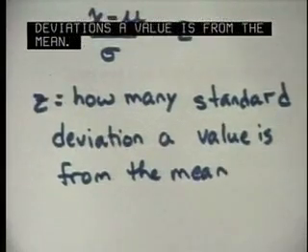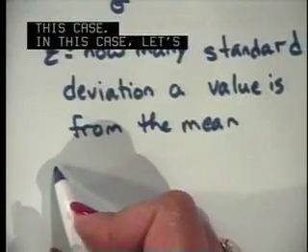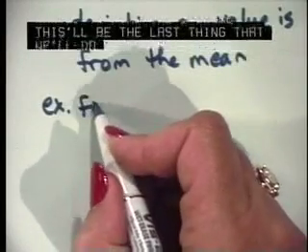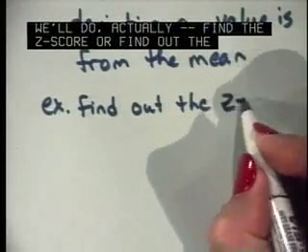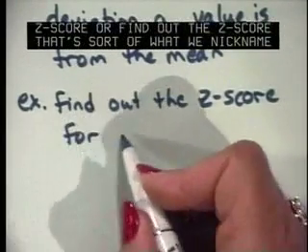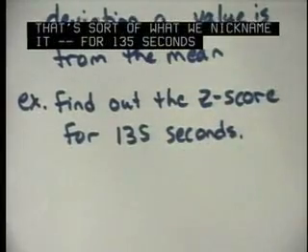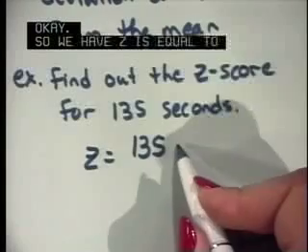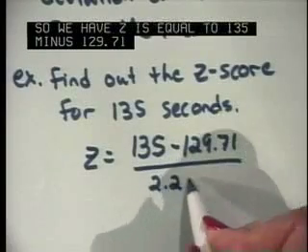So, for example, let's look at this case. Let's say we wanted to find the Z-score. Well, this will be the last thing that we'll do, actually. Find the Z-score, that's sort of what we nickname it, for 135 seconds. Okay, so we have Z is equal to 135 minus 129.71 over 2.28.